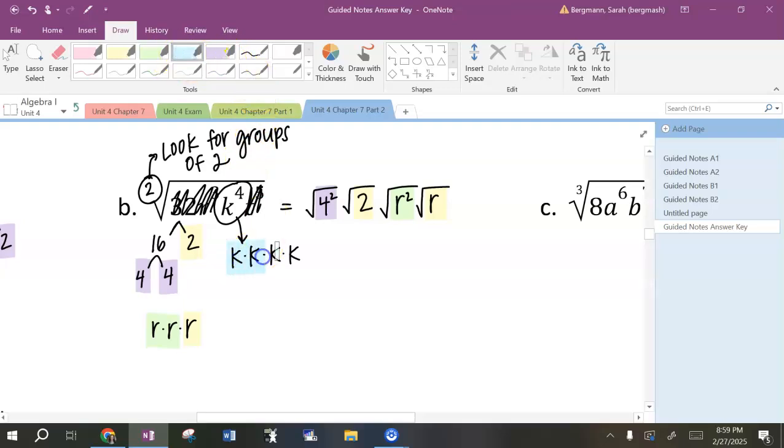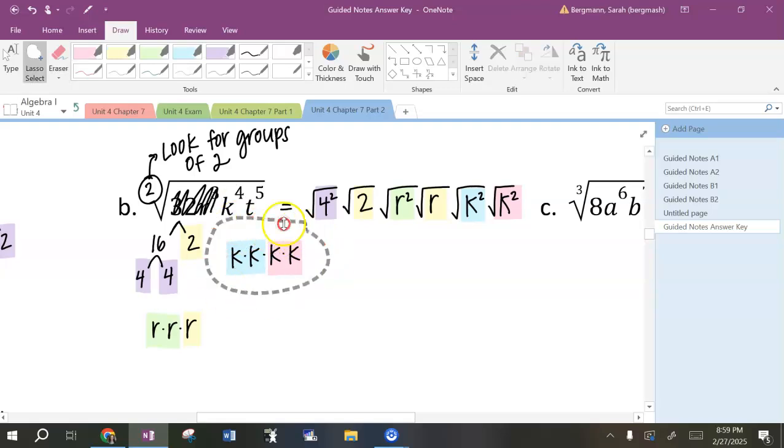This one has 2 groups of 2. You could write this as k squared times k squared. So that's what I'm going to do, k squared, k squared. Now let's move that out of the way.